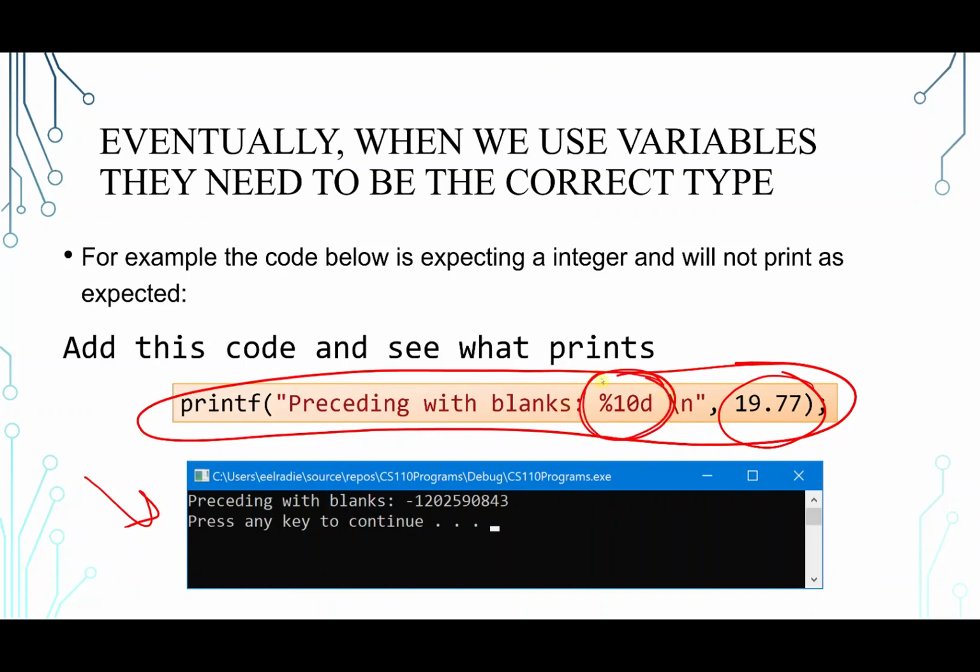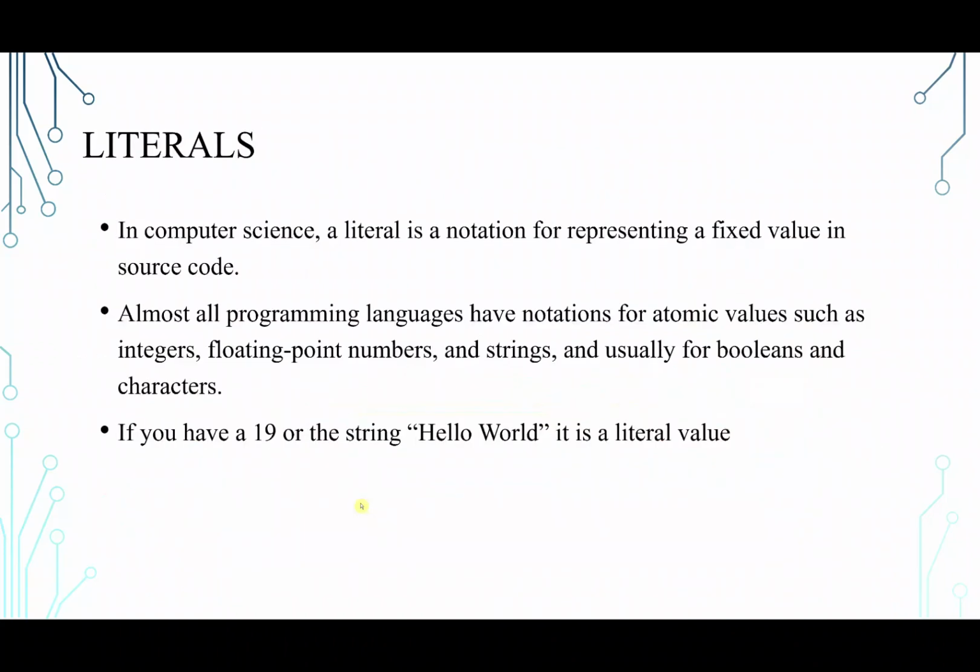The 10 in %10d is creating an imaginary field with 10 places and expecting a decimal number, which is an integer. But you're giving it a floating point number, so it's corrupting the data. This is why you get a corrupted value, a garbage value, we call it.